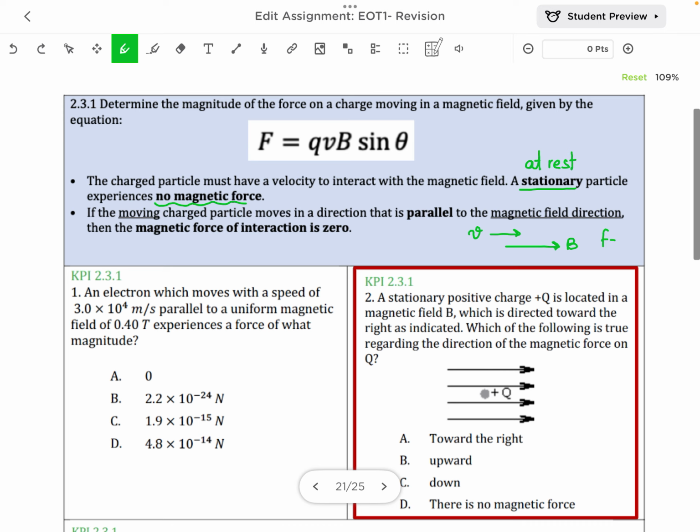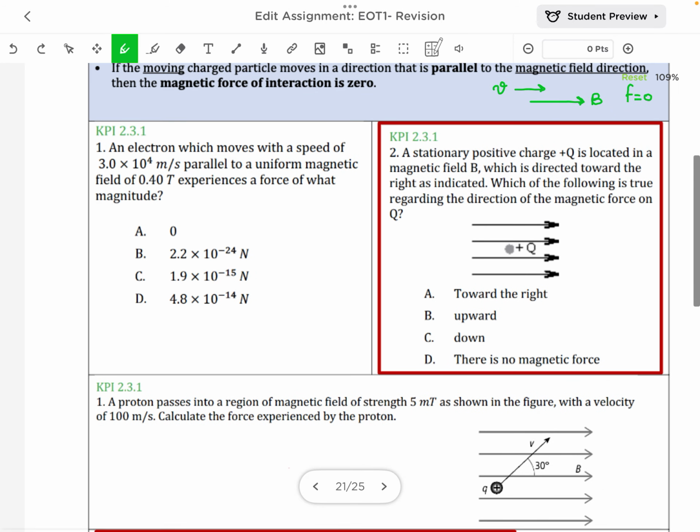In this case, the force equals 0. You have an electron moved with a speed 3 10 to the power of 4 meters per second parallel to a uniform magnetic field. So in this case, the angle is 0, so there is no force. The force is 0.